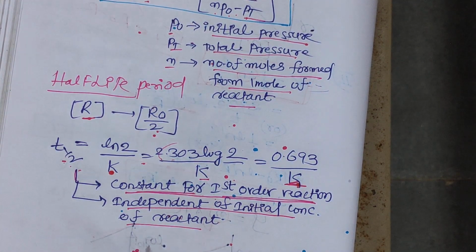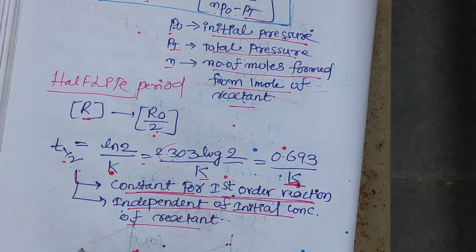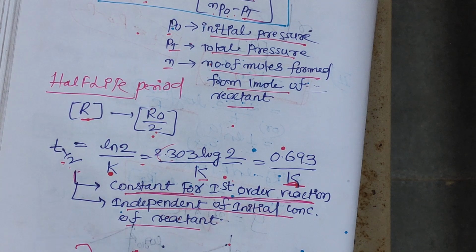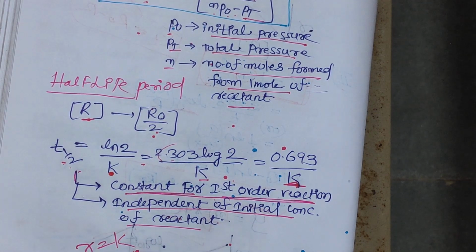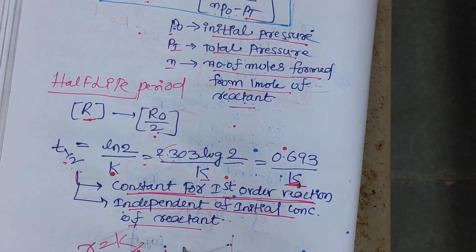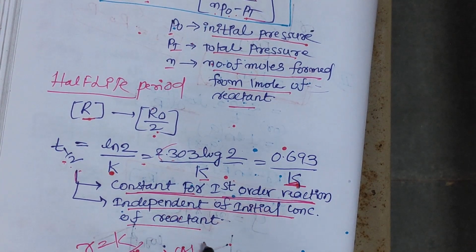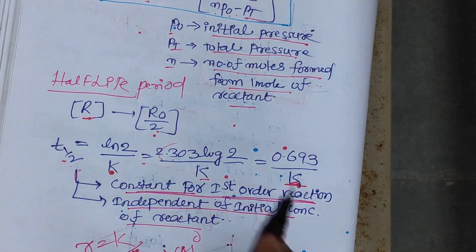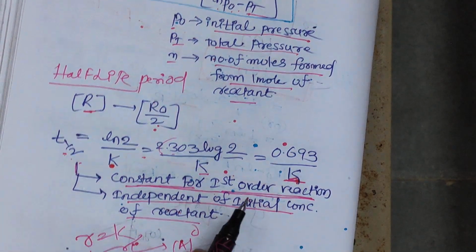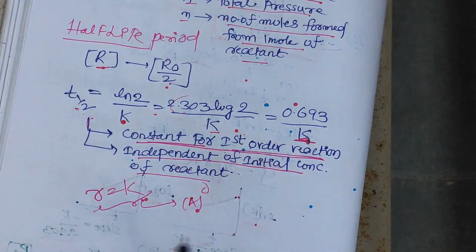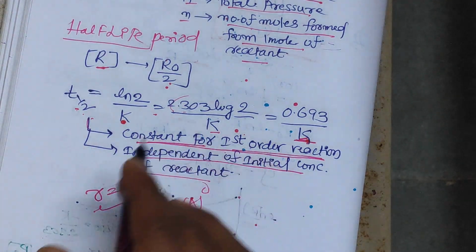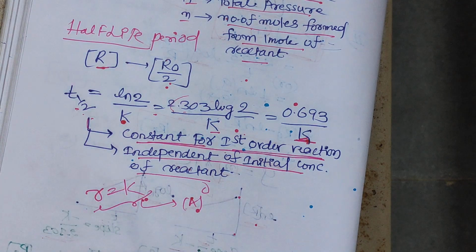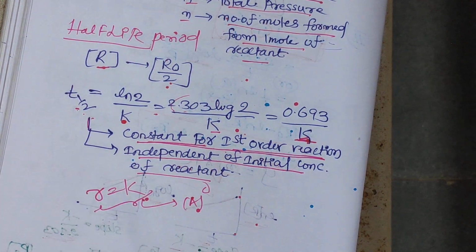I told you, in a zero order reaction, rate is equal to K. These both are independent of initial concentration. Here the time is independent of initial concentration. You have to remember. These are very important for NEET, EAMCET or IIT JEE Mains.